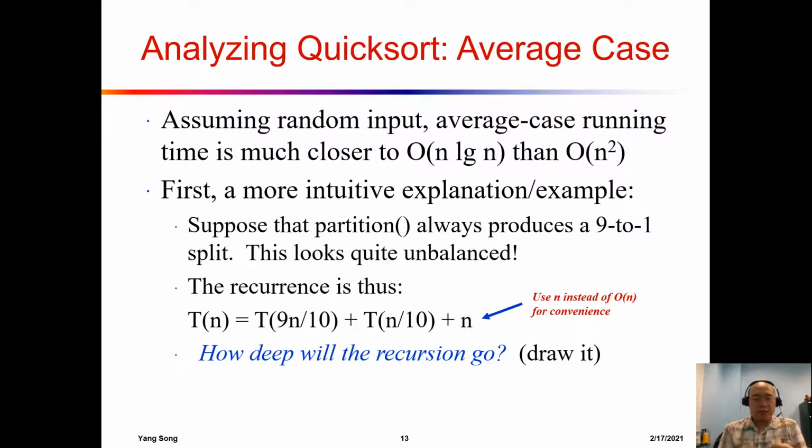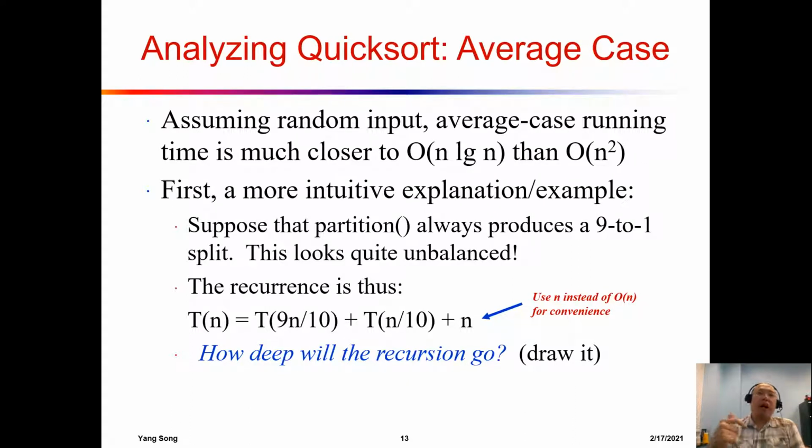Here is my idea. How about we suppose we have a bad partition every time. It's a bad partition, but it's not really the worst partition, okay? Let's just assume that for each partition, we are having a 90% to 10% partition.